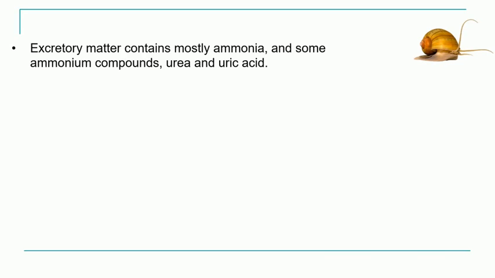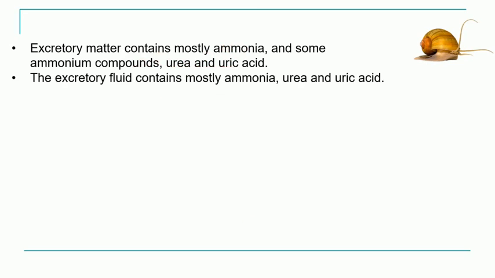Ureotelic means those that excrete urea as the excretory product, and uricotelic organisms excrete uric acid as the excretory product. However, in case of Pila, it can switch its excretory product. Sometimes it can excrete ammonia as the waste product and sometimes it can excrete urea or uric acid as the waste product. Now when does it do that, we will see.